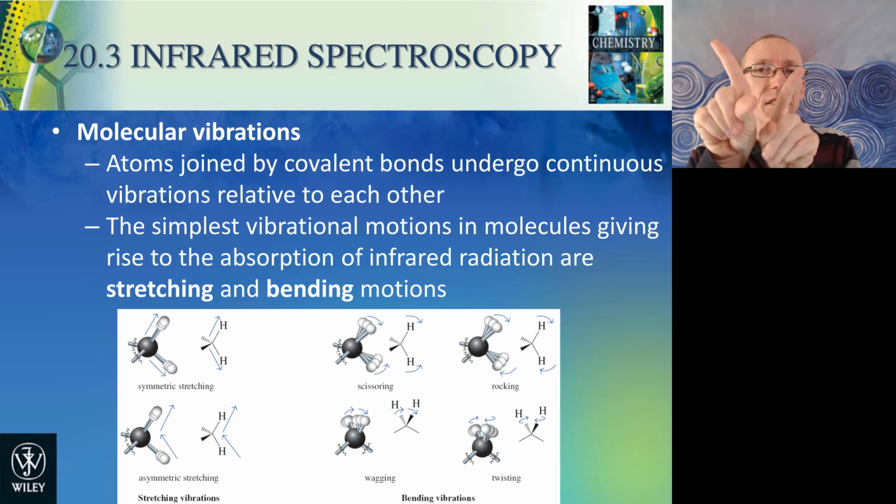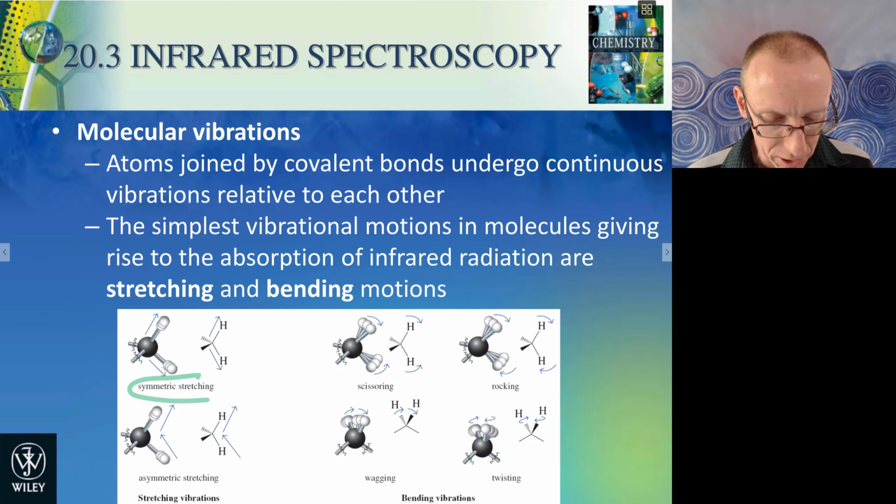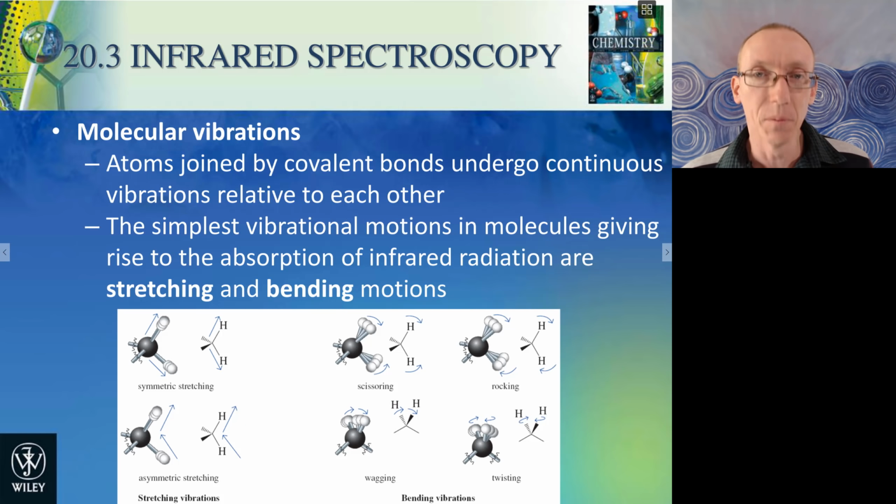And then we might have an asynchronous one where one comes closer while the other one goes further out. So they're what we call different vibrational modes. This is a symmetrical stretching, where both bonds are lengthening at the same time or contracting, and an asymmetric stretching where they're in opposite directions.